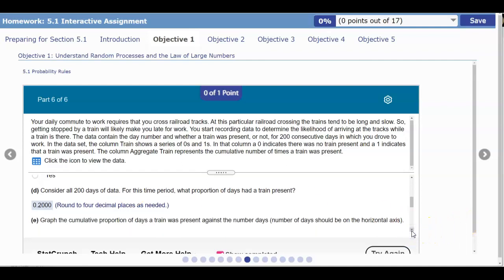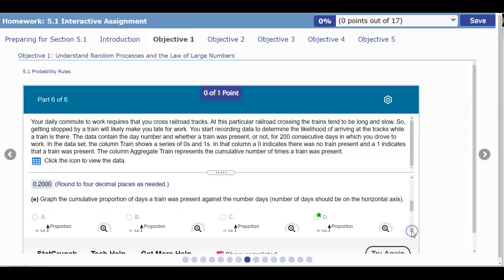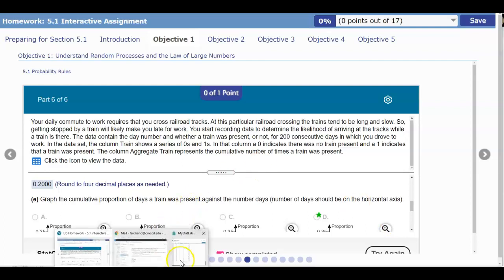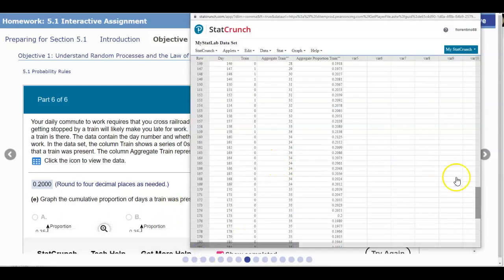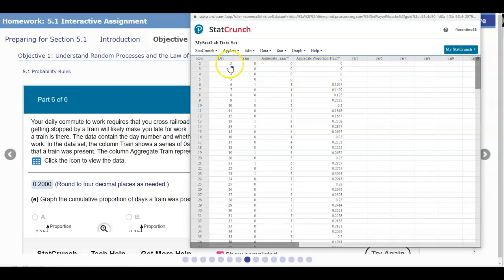Now the last question says graph the cumulative proportion of days a train was present against the number of days, meaning the number of days should be on the horizontal axis. So we're going to graph where the day is the horizontal axis and the proportion, because it's the cumulative proportion, is on the y-axis.